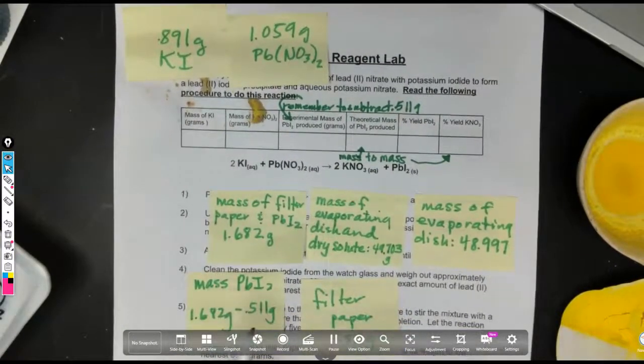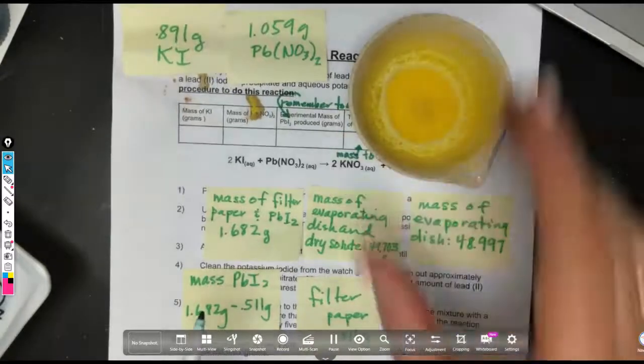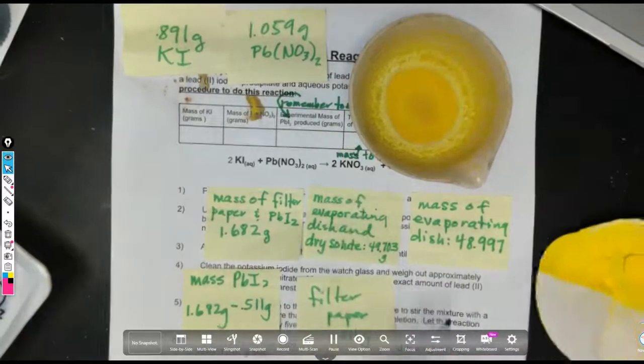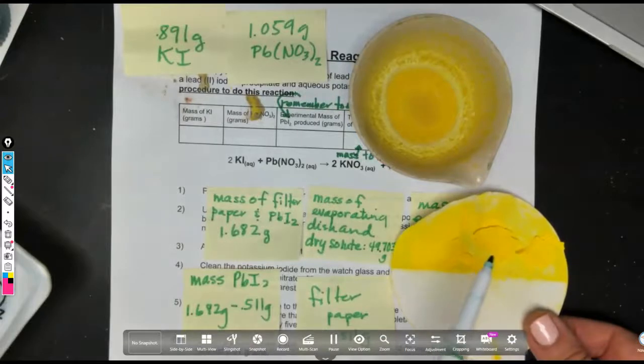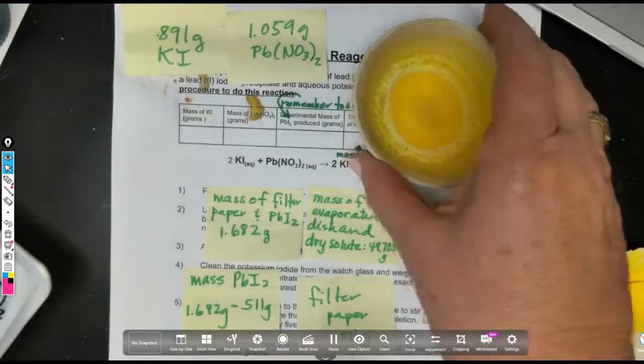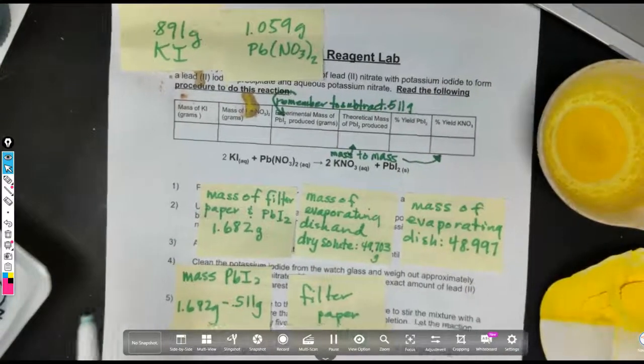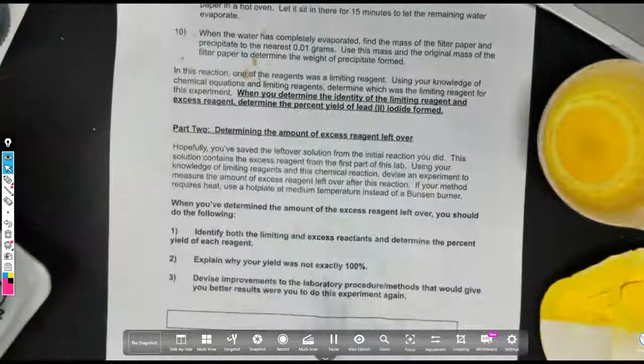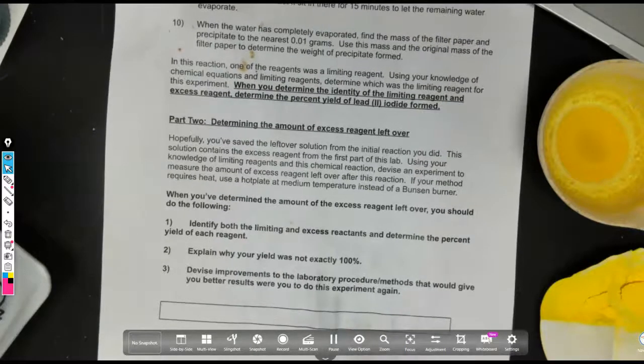Look at the evidence that some of the actual precipitate was left over in the solution. Okay, those are my examples of why our percent yield was not actually 100%. And then propose some improvements to the laboratory procedure that would give you better results if you were to do this experiment again. And that's what you need to write in paragraph form at the bottom of your laboratory.